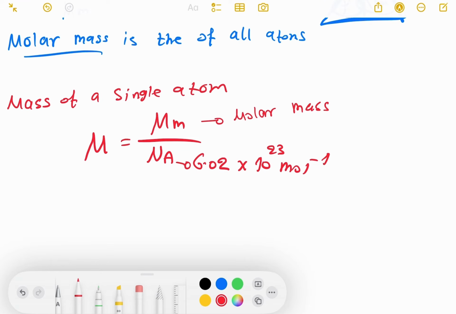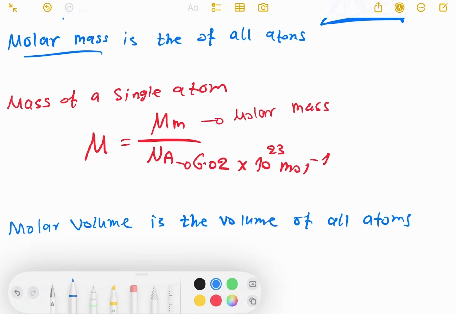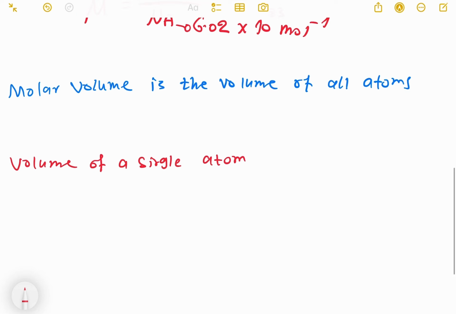And molar volume is the volume of all atoms. Careful. But for finding the volume, which you'll be dealing with in these questions a lot, the volume of a single atom, you know, it will be what?